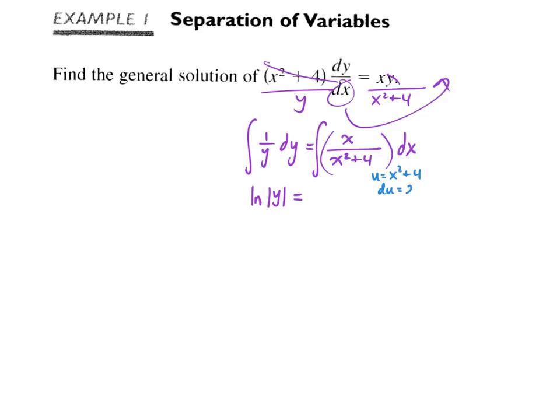My du is 2x dx. So that's going to be 1/2 ln of u, right? Just be 1/2 ln x squared plus 4. Okay. Plus c. I'm going to call it c1.